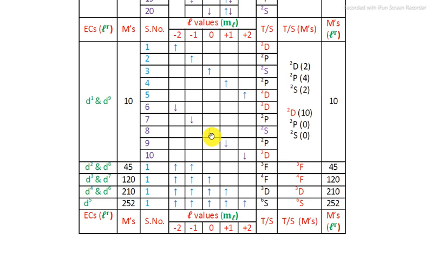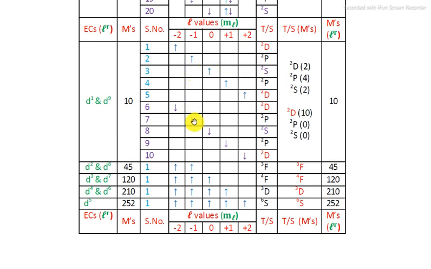If the electron is present in the first orbital or the last orbital, the capital L value is 2, the term is D. If the electron is present in the second orbital, the L value is 1, the term is P, 2P.